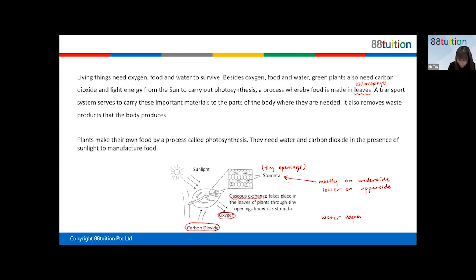Water vapor is special. Water vapor does not enter the stomata. Water vapor can only leave the leaves via the stomata. It comes out of the plant through the stomata.